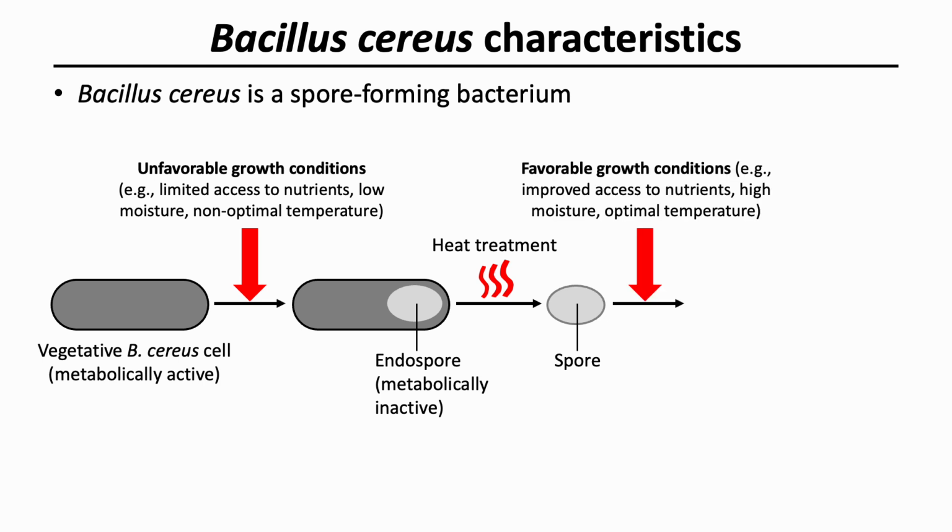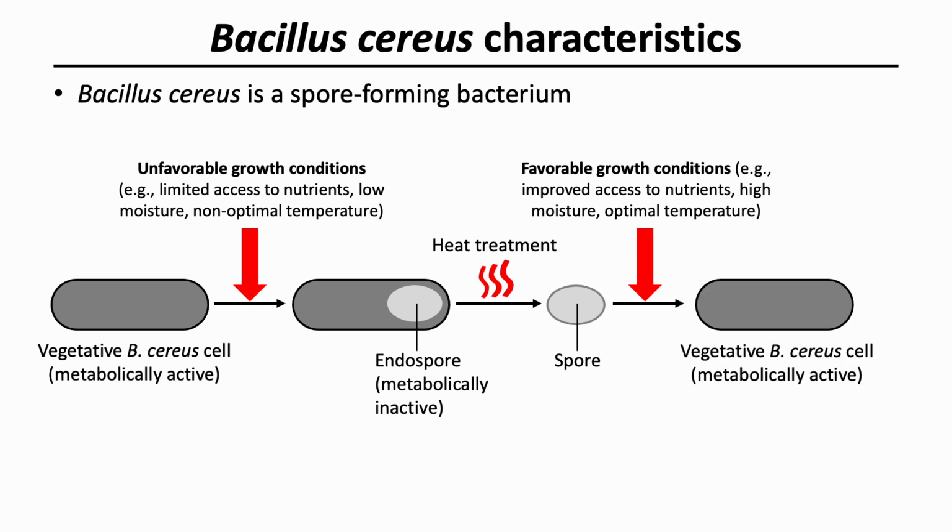Now, if this spore is later exposed to favorable growth conditions, for example, conditions with improved access to nutrients, high moisture, or temperatures that are optimal for B cereus growth, then it can germinate, which ultimately allows B cereus to transition back to a metabolically active state where it can once again grow.